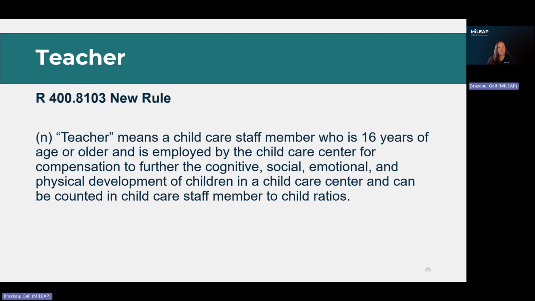Rule 8103, Subrule N, teacher, means a child care staff member who is 16 years of age or older and is employed by the child care center for compensation to further the cognitive, social, emotional, and physical development of children in child care centers and can be counted in child care staff member to child ratios.